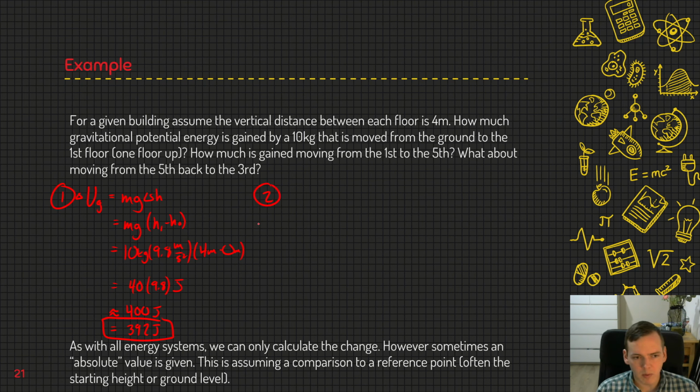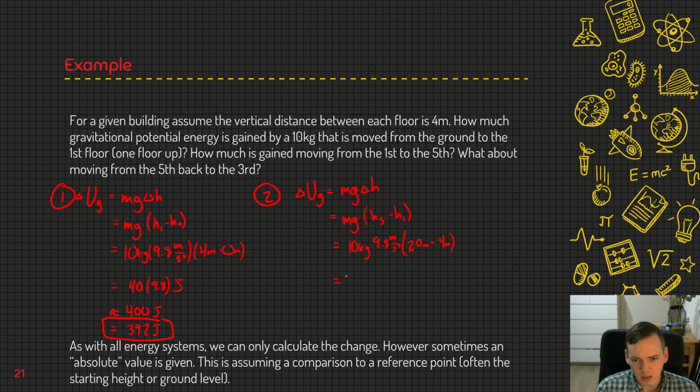For our second problem, moving from the first floor to the fifth, delta UG is equal to mg delta h, which is mg times the final height, the height of the fifth floor, minus the height of the first floor. That is equal to 10 kilograms, 9.8 meters per second squared, times the height of the 5th floor, which is 5 times 4, giving you 20, minus the 1st floor, which is just 4.